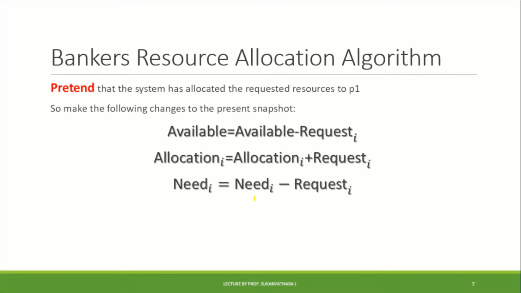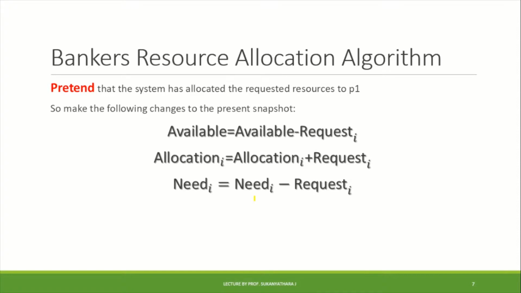It is not actually granting, it is just pretending like it is granted. And it will get a new state, a new set of values for the need matrix, for the allocation matrix, for the available matrix. Max matrix will not change. Using these values, it will again check whether that state is safe.